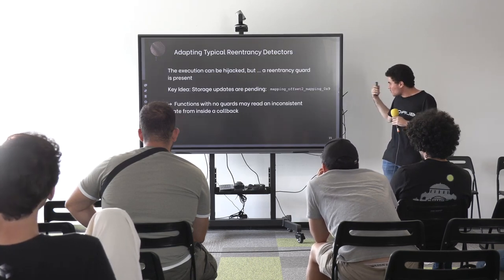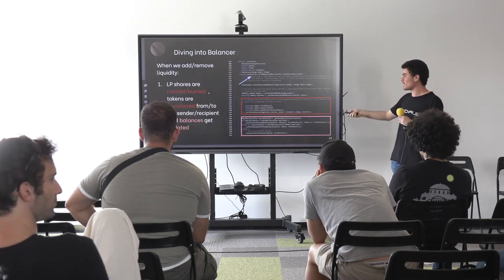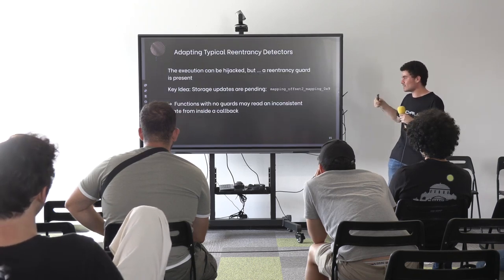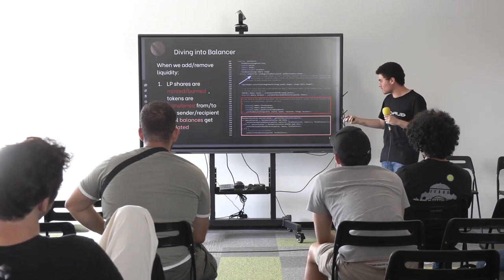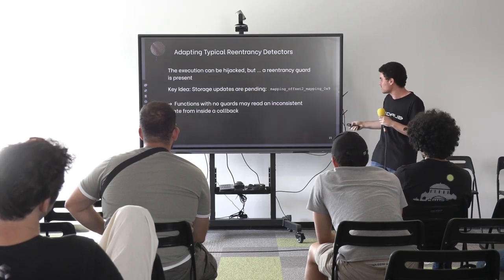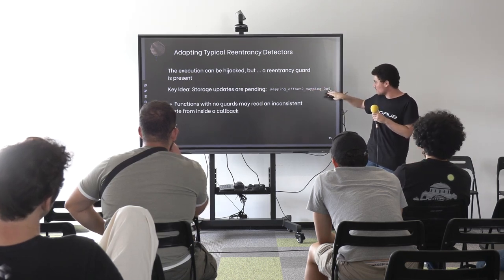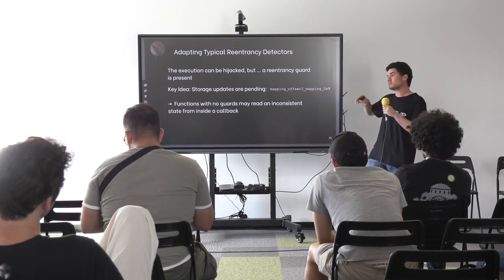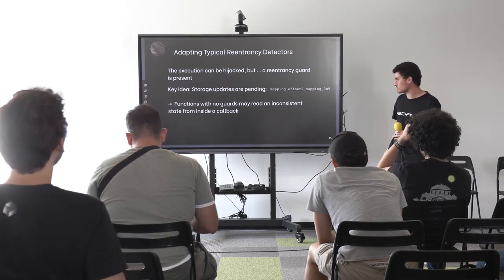What prevents us from flagging every view-only reentrancy in this world is that even though the state is inconsistent, meaning that there are some pending state updates that have not taken place, and our analysis can easily infer that the nested mapping at storage location 0x9 has a pending update because the store follows the native transfer.